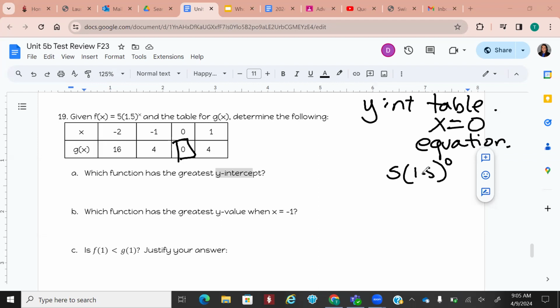So 5 times 1.5 raised to the 0 power. And that should give you 5, right? So which one has the greatest y-intercept, the equation or the table? Equation. So we're going to say f of x has the greatest y-intercept.